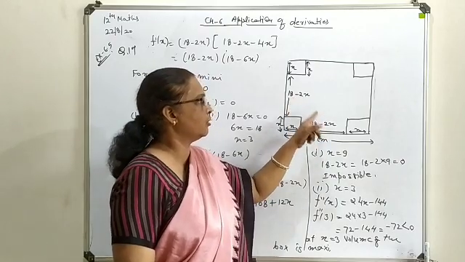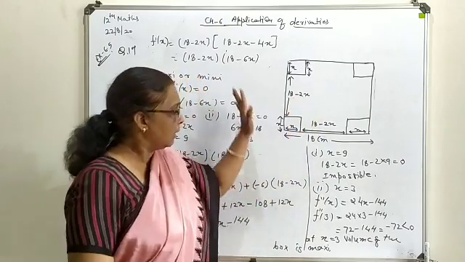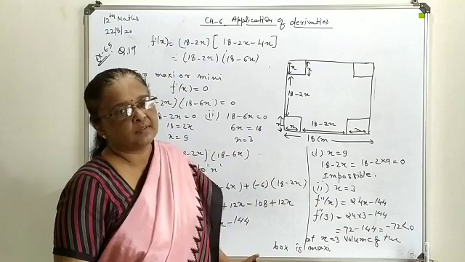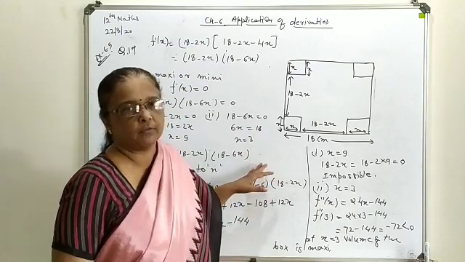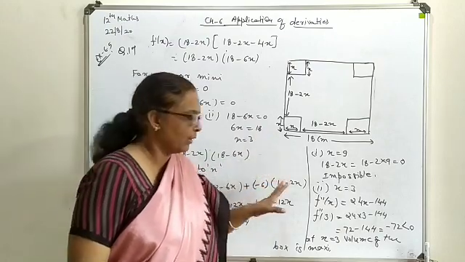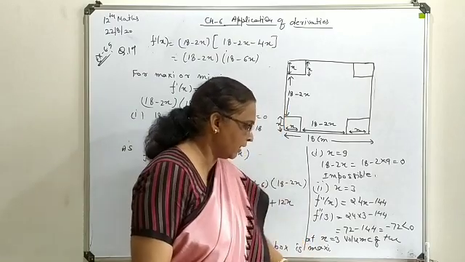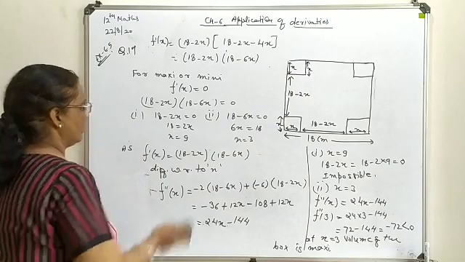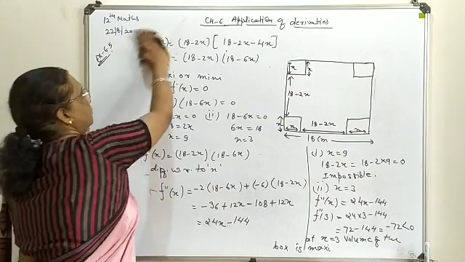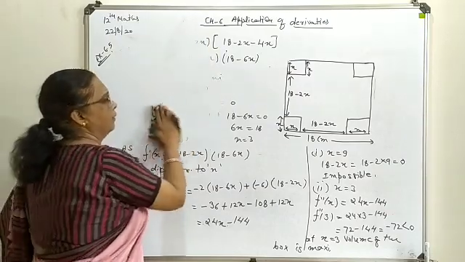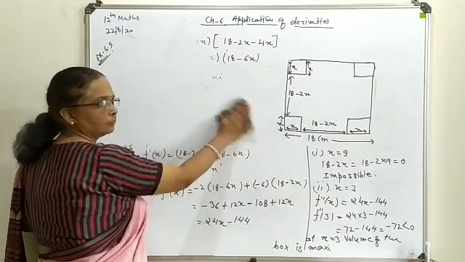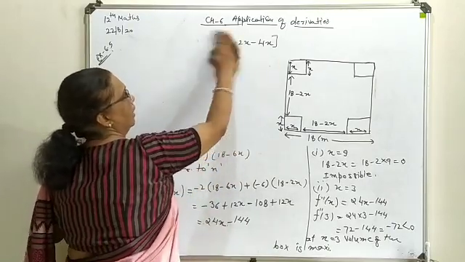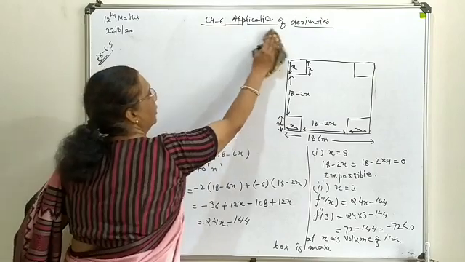So only the subtraction of the term will be changed. Otherwise the method you will follow is the same as what we have discussed over here, so that you try. I am going to move towards the next question, that is question number 19. In 19.1 we will talk about one shape.